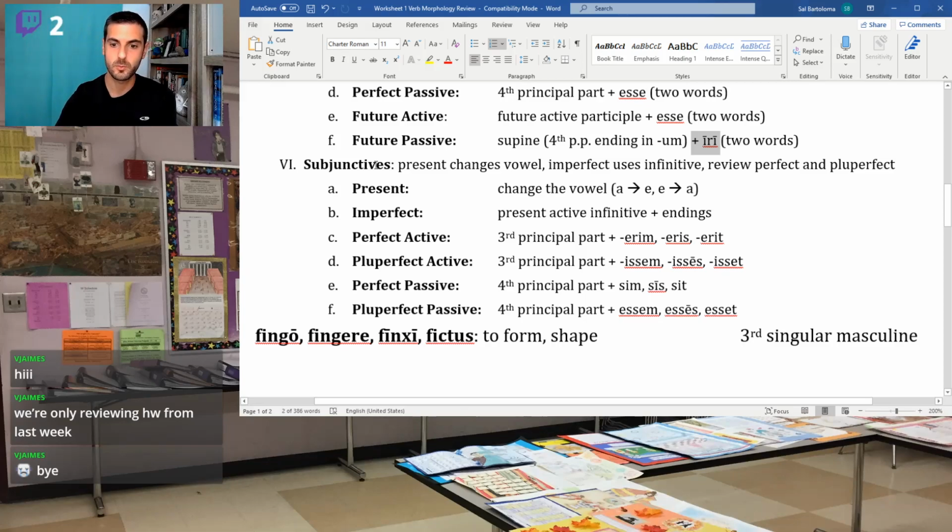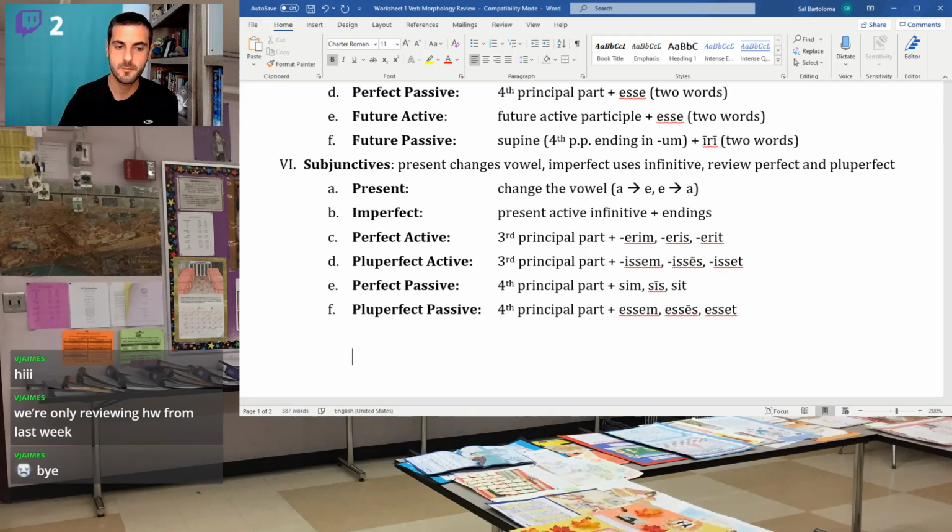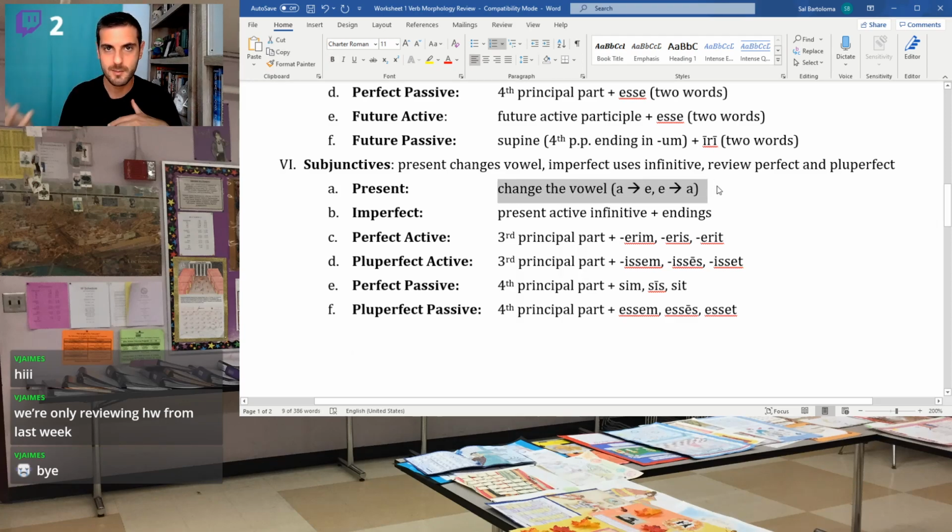Subjunctives, the big old world of subjunctives. Obviously, we could spend days and days talking about them, but I just want to focus in on some of the basic rules for how to make them. So present is all about changing the vowels, right? You guys might remember a saying like, she wears a diamond tiara, some kitschy little saying that your Latin teacher taught you at some point.